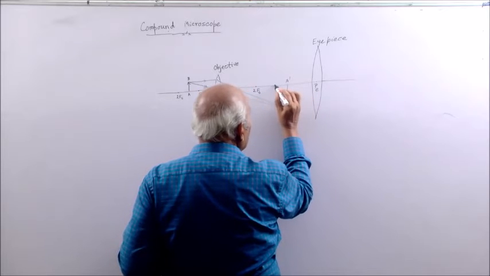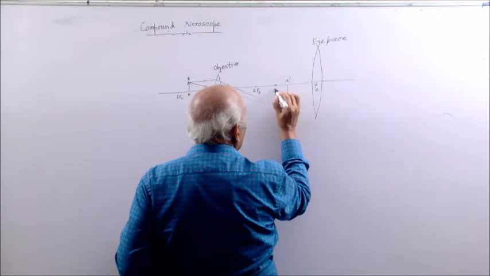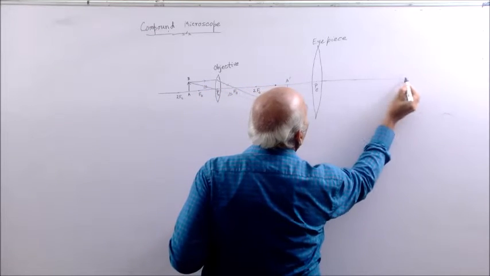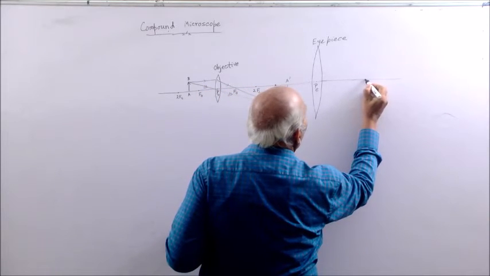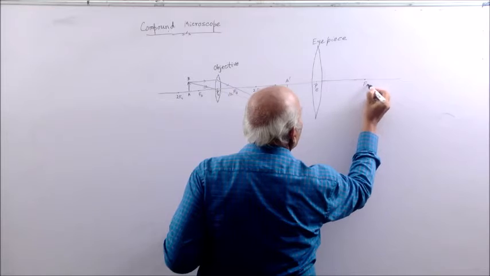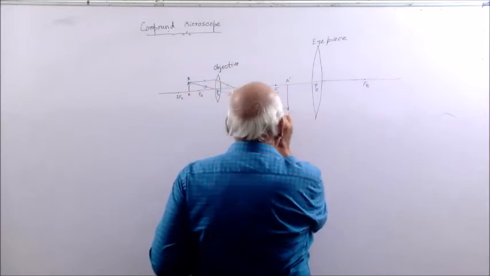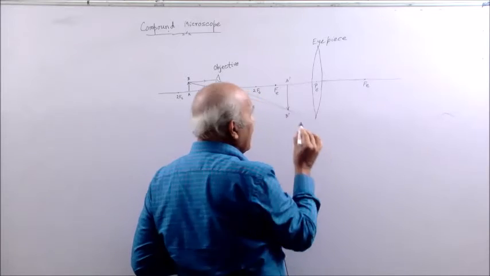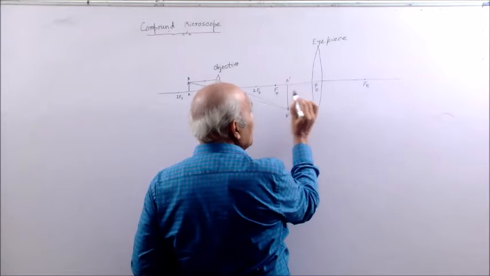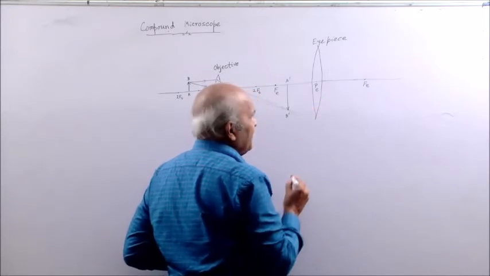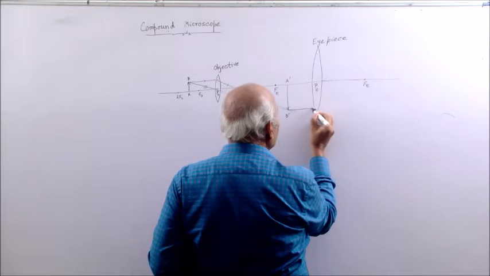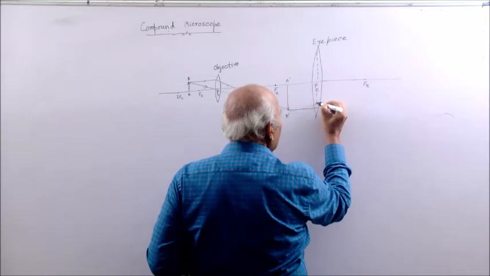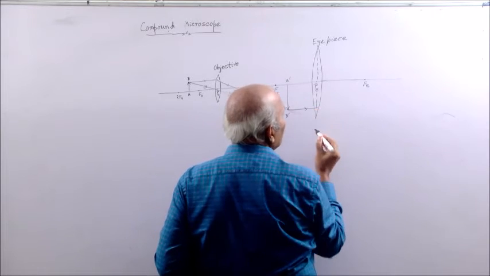The focus of the eyepiece is FE, FE this side and also FE this side. The first image formed by the objective must lie between the focus and optical center of the eyepiece. Then to form the image by the eyepiece, you follow again the same procedure.